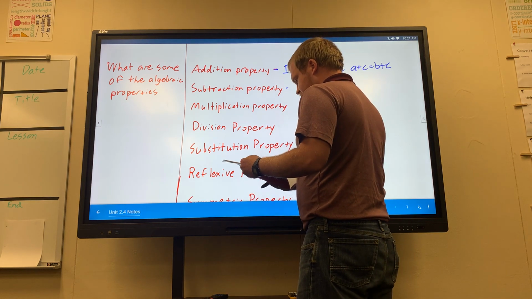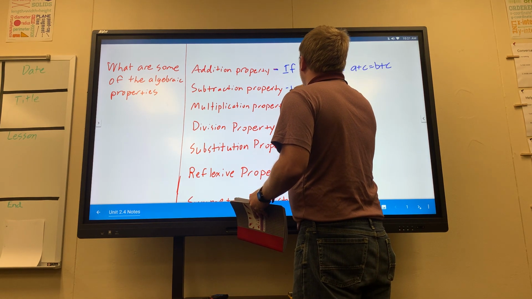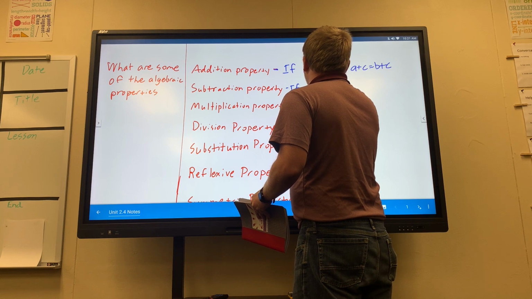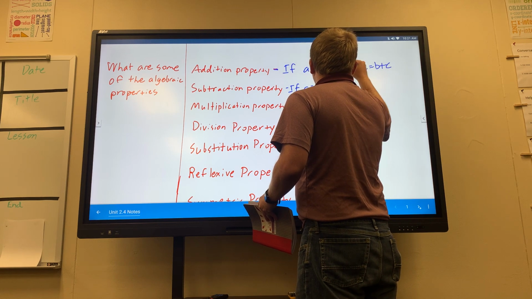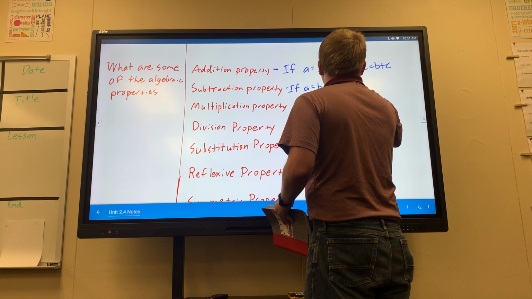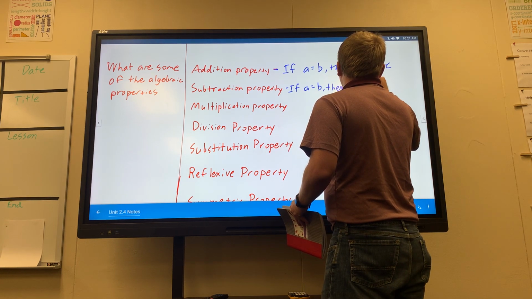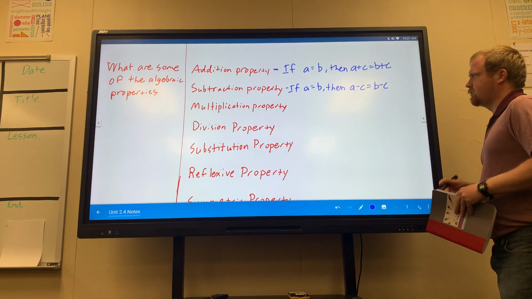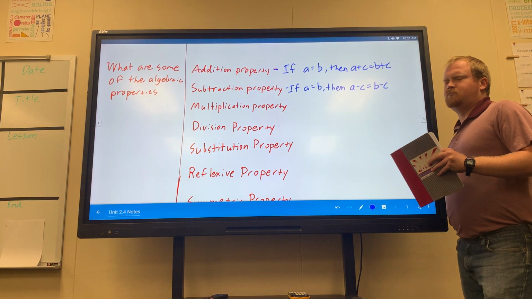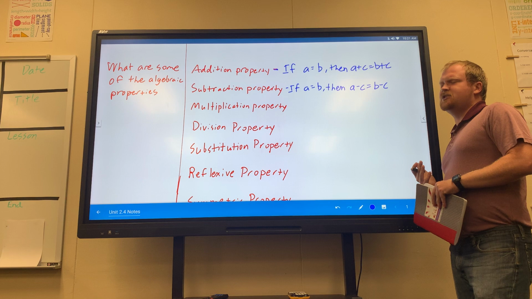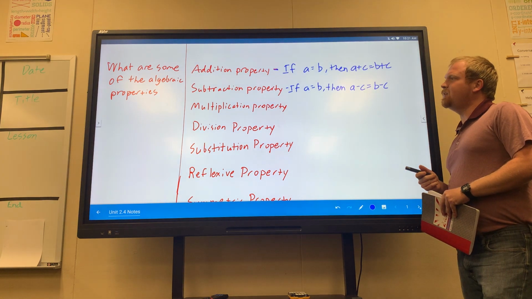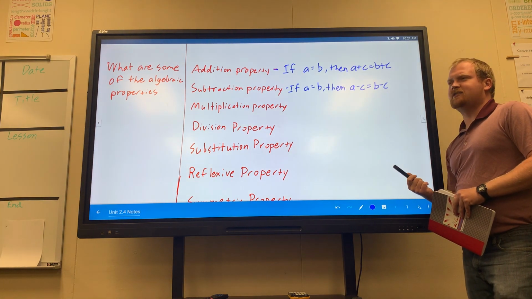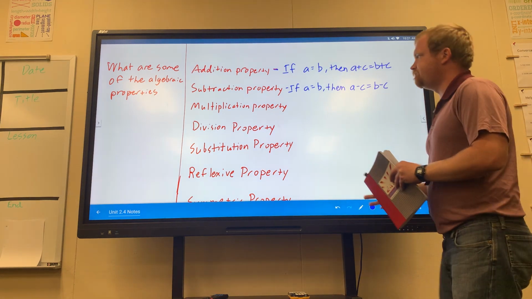Subtraction is the same idea. If A equals B, then A minus C equals B minus C. Okay? So pretty much the same thing as the addition property, but the biggest difference is now we're subtracting C from both sides.